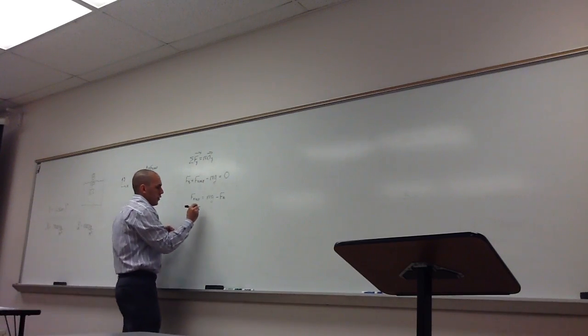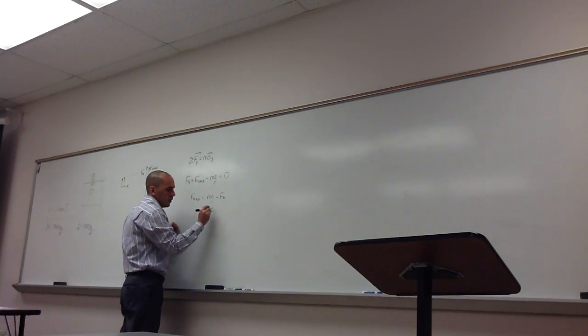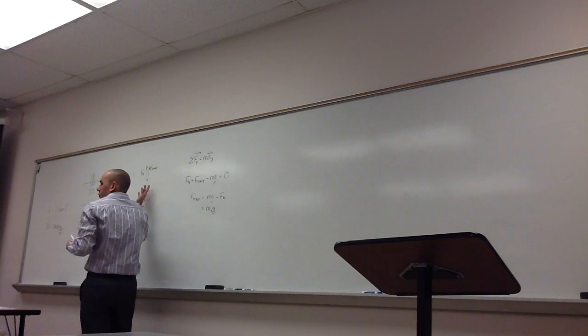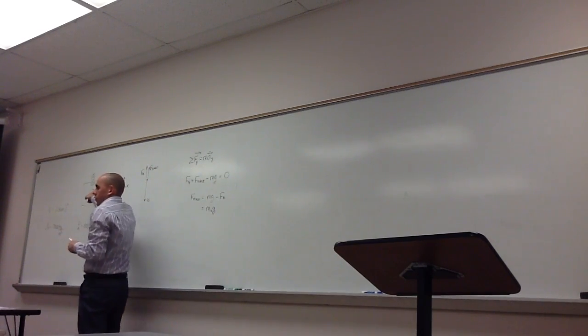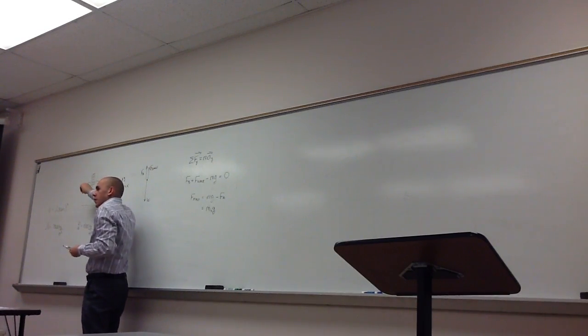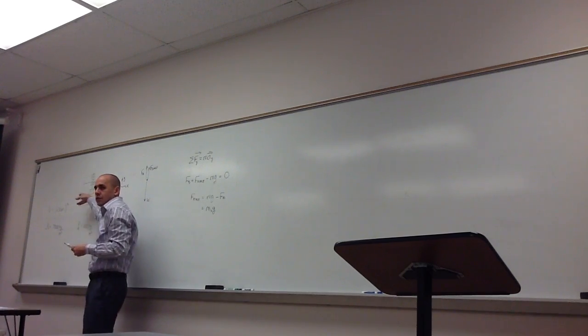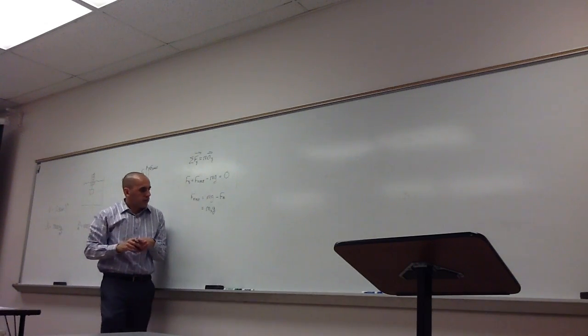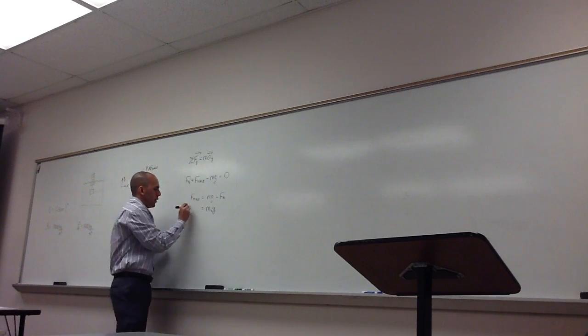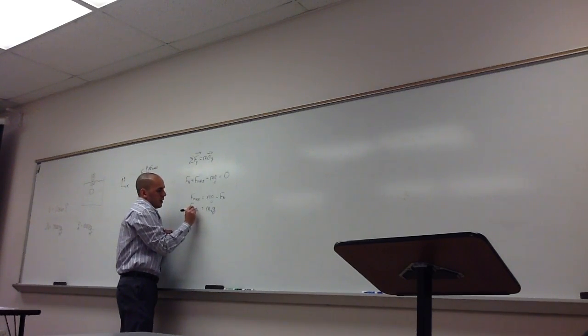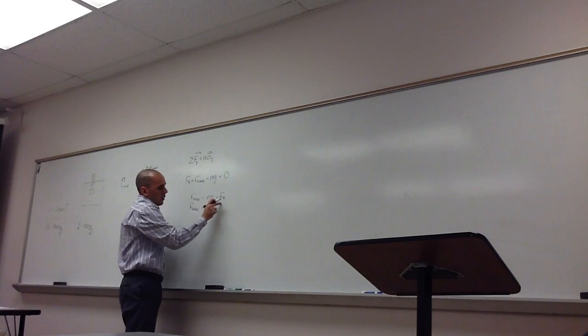So let me just go ahead and call this, for now, the mass of steel times gravity, because that was just the weight force. This was the free body diagram for the cube. That is just the true weight of the cube, which is just the mass of that steel times gravity. We don't know what that is, but we do know it's the mass of that cube. How would I write the buoyant force?